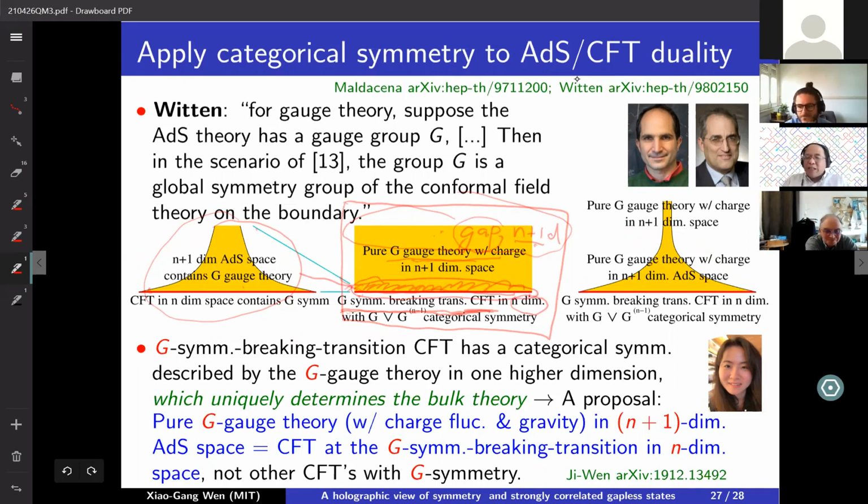Another way to say it: if we combine these two pictures, in AdS space we have this scaling region. But in AdS you can go to infinity in the radial direction, and what we say is that this infinity is a pure gauge theory, or topological order, in n+1 dimensions.